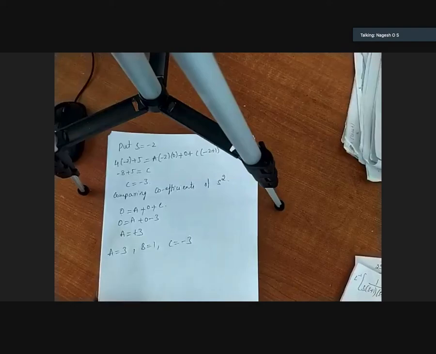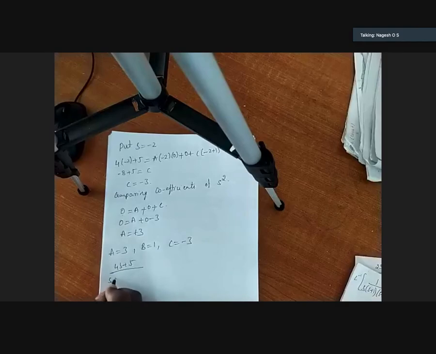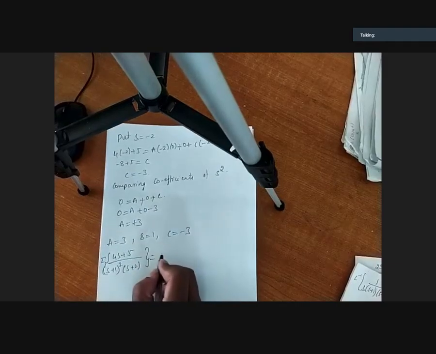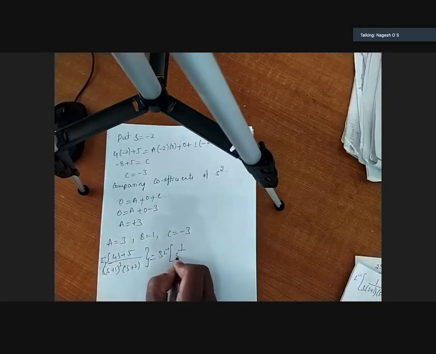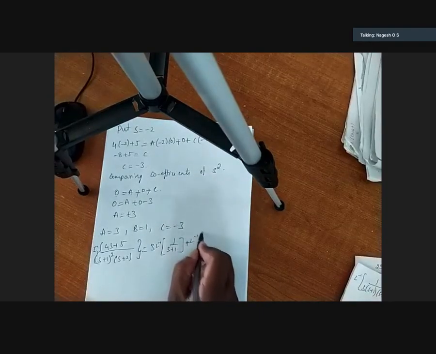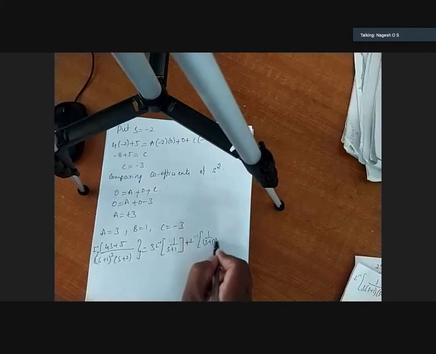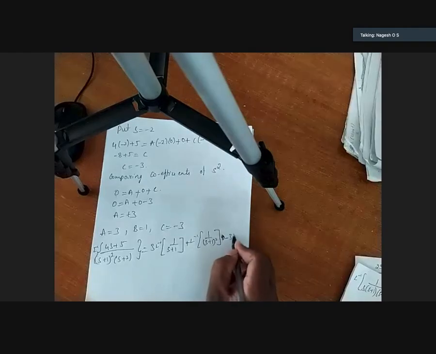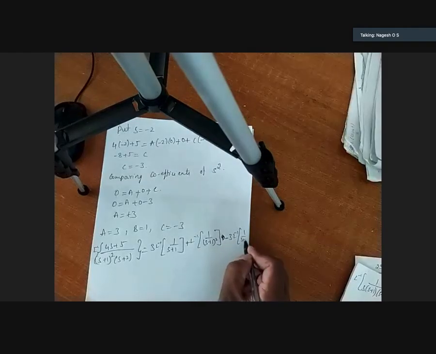Now rewrite that: L inverse of 4s plus 5 divided by s plus 1 whole square, s plus 2 is equal to 3 L inverse of 1 by s plus 1, plus L inverse of 1 by s plus 1 whole square, plus minus 3 into L inverse of 1 by s plus 2.